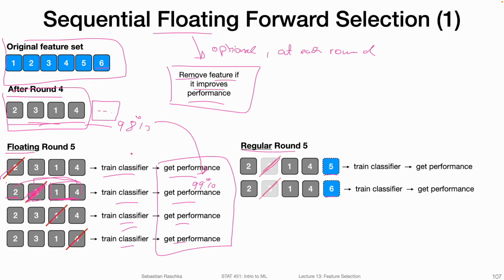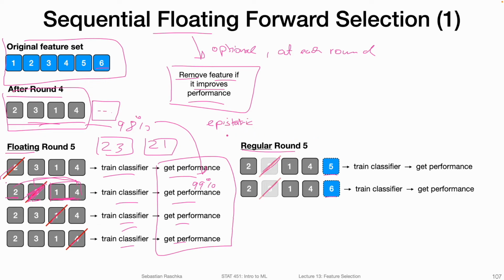So if we have only features 2 and 3, this might be better than features 2 and 1. But in combination, 1 and 4 might be better together than having feature 3. And this is sometimes also called an epistatic effect.